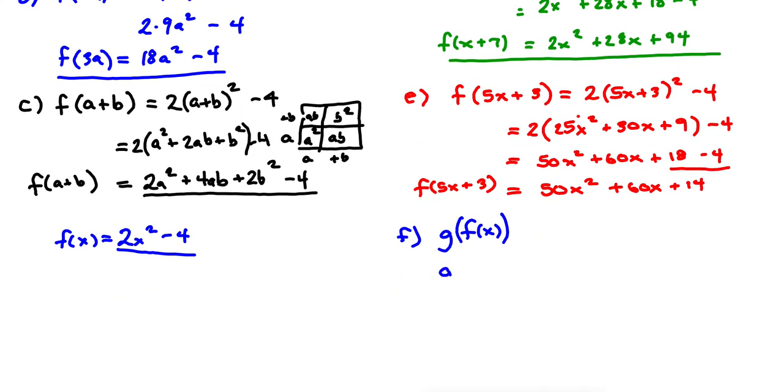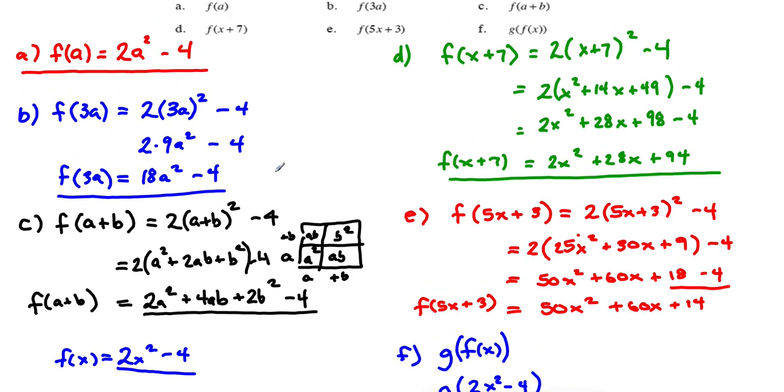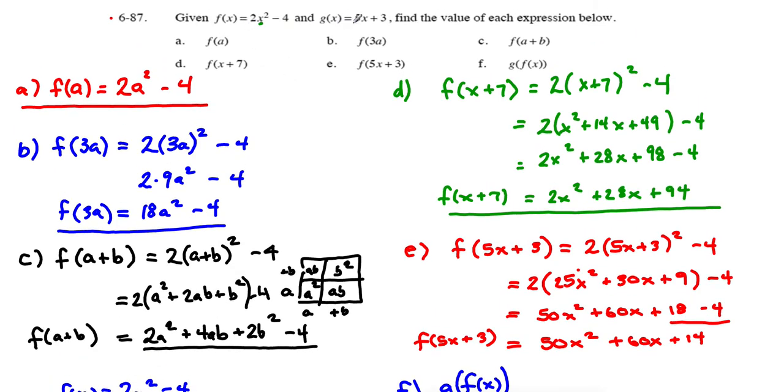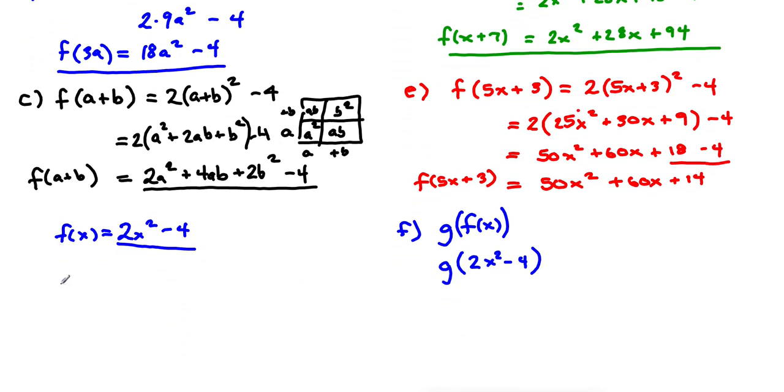So this leaves us with a function g of 2x squared minus 4. Now if you've forgotten what g is, because we haven't used it at all here, g of x was equal to 5x plus 3. So we're going to take all of this, 2x squared minus 4, and substitute it in for our value of x there, our input in the function.